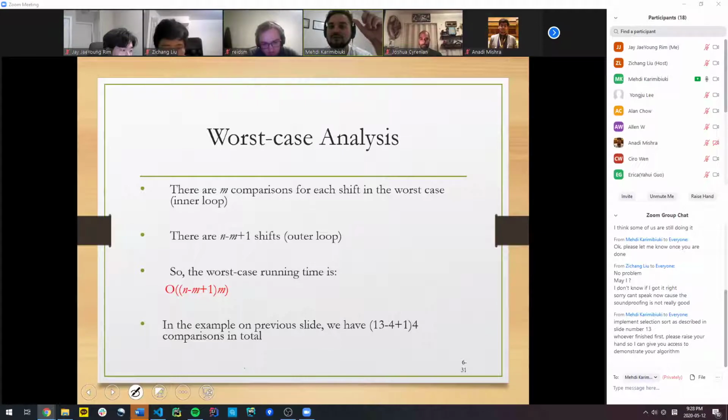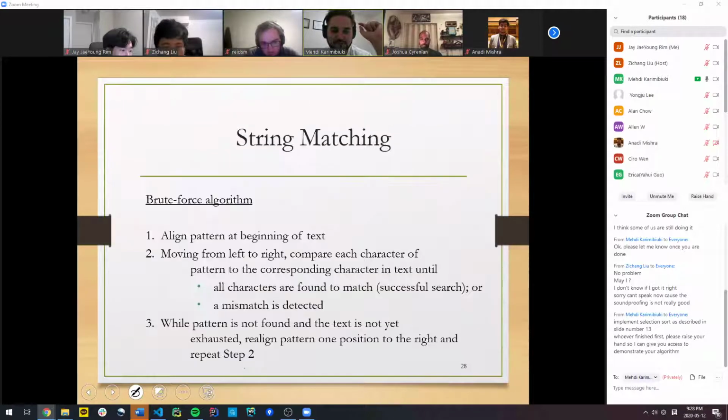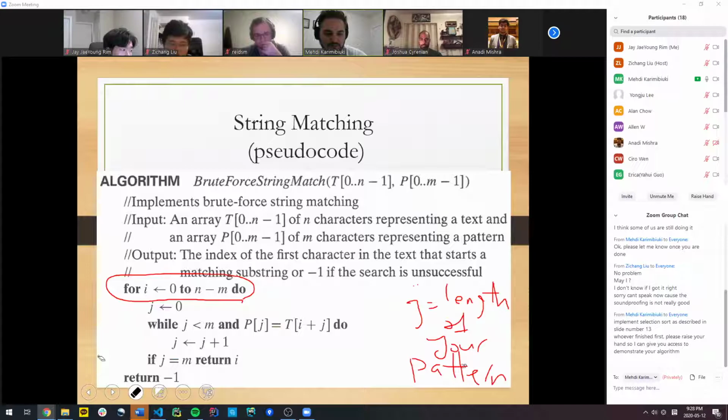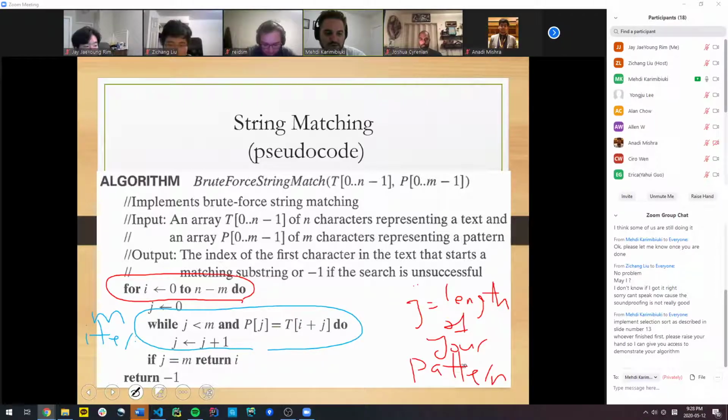So every time we have to do this, this while loop in here is doing m comparisons. So this is m iterations. I think that's what it's going to give us. So it should be, let me wipe this.